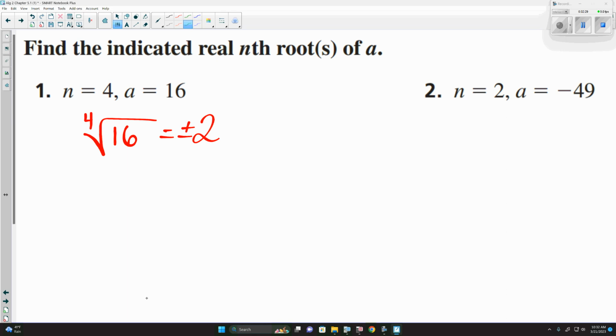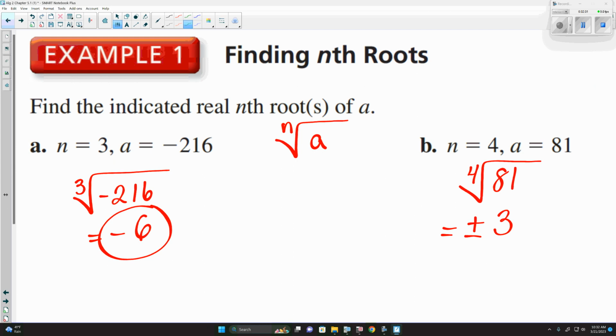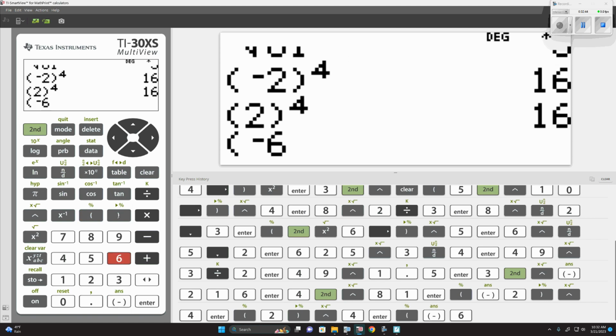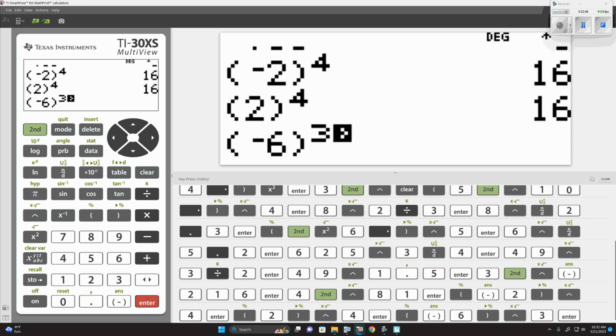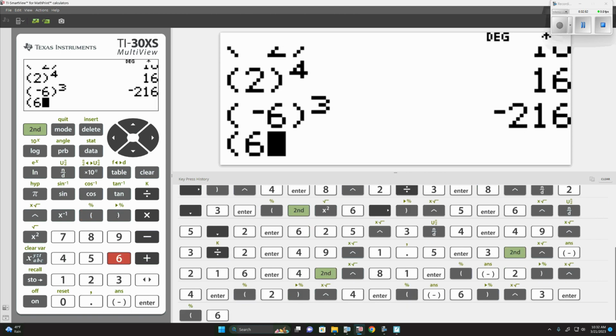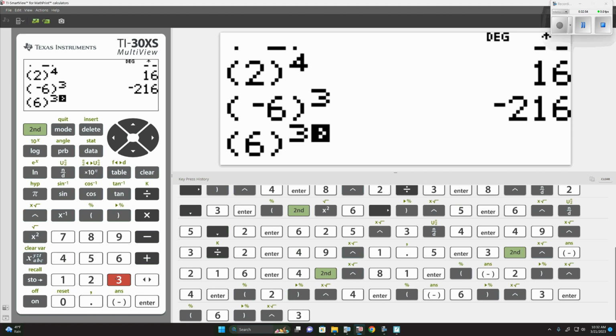Now, if we look at the previous one, the cubed root of negative 216 was negative 6. So if we go the other way, and we say negative 6 to the third is negative 216, yes? We can see that here. Now, what is positive 6 to the third power going to be?